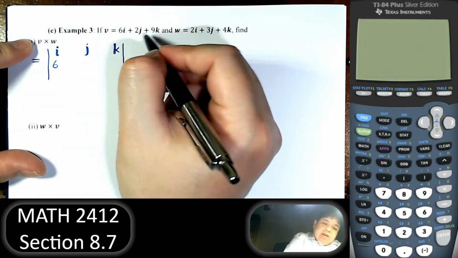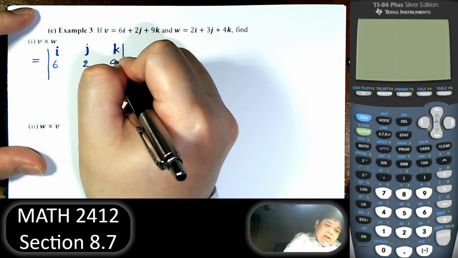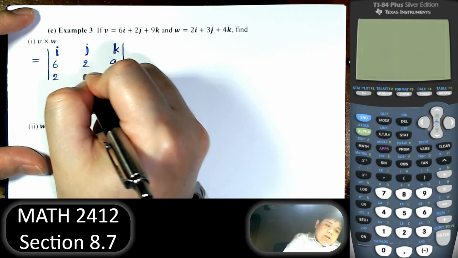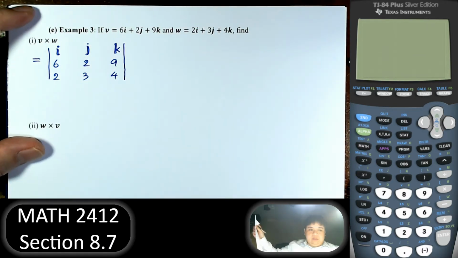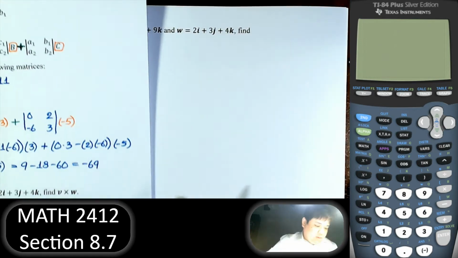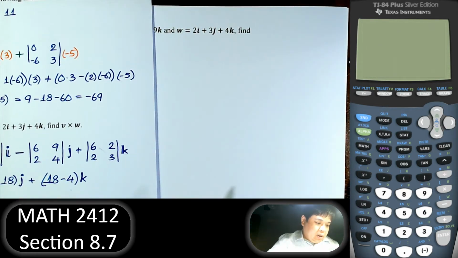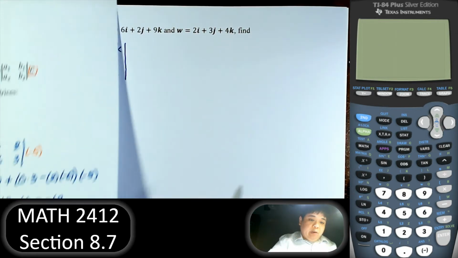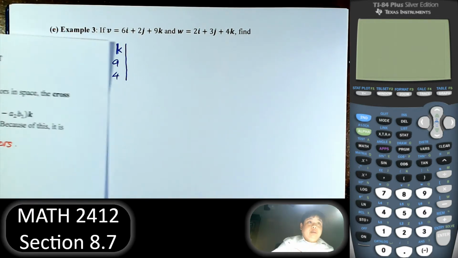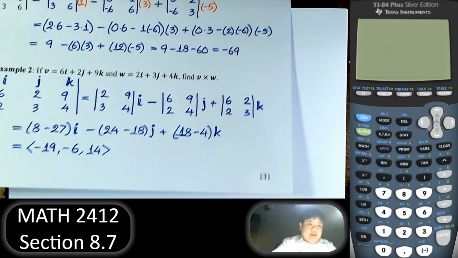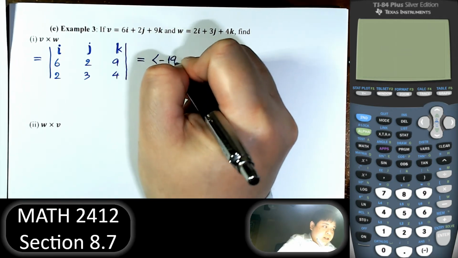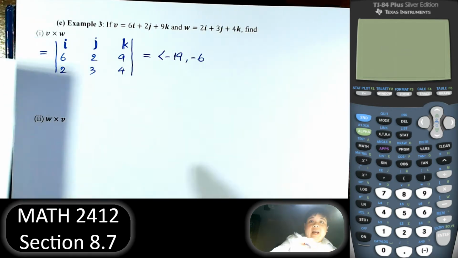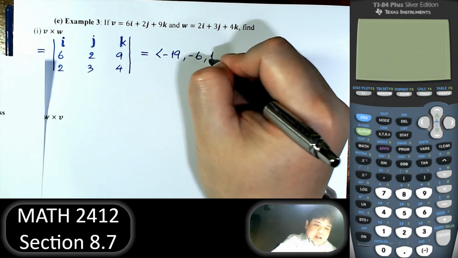Vector V is 6, 2, and 9, then 2, 3, and 4. Actually, we just did this on the previous page, and we have negative 19, negative 6, and 14. Right, did that.